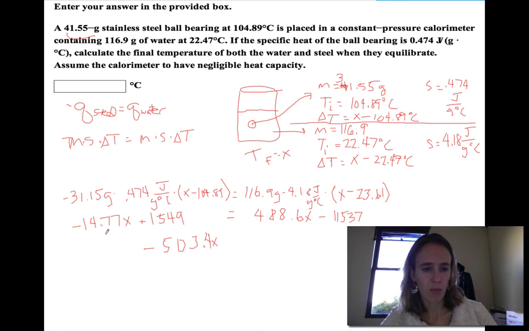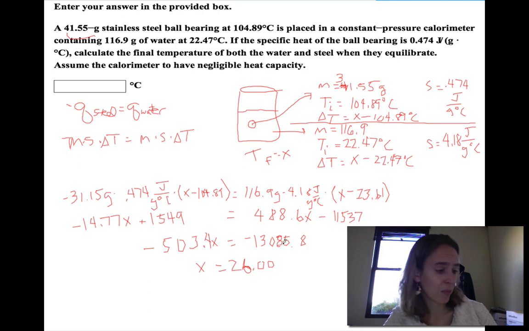So minus 14 minus 488, and that's going to be equal to minus 13,085.8. And then dividing these out, I end up with x equals 26.00. So, nice even number right there.